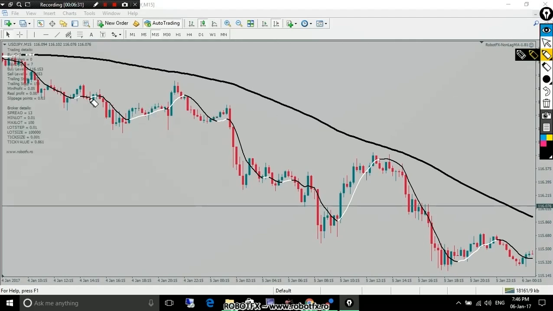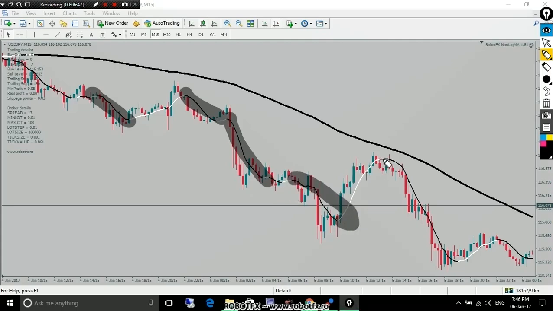What will basically happen is the expert advisor will open the trade here and then close it when the color changes back from black into white. So it opens and closes, opens and closes, opens a trade and closes it, opens and stays with the trend, rides the trend and closes it here, opens and closes it.